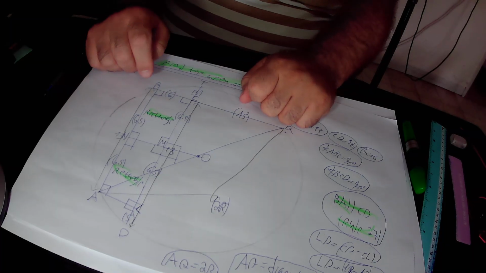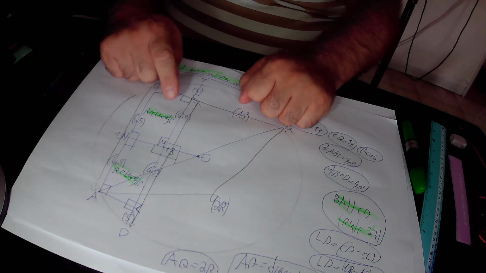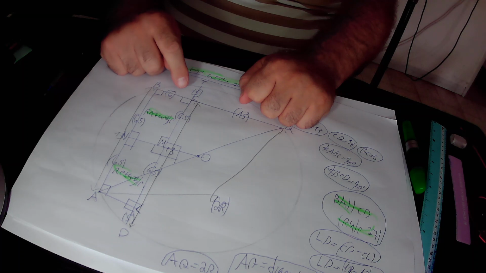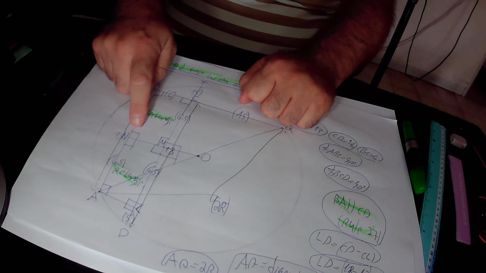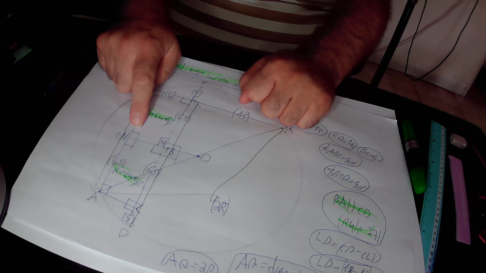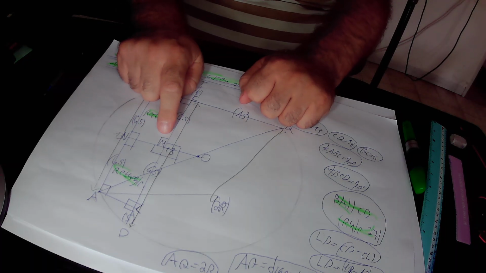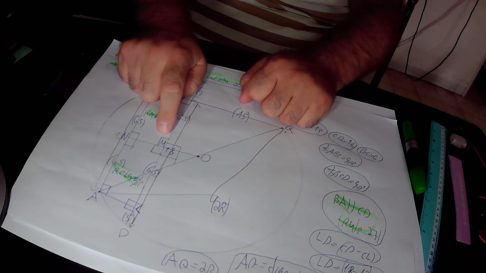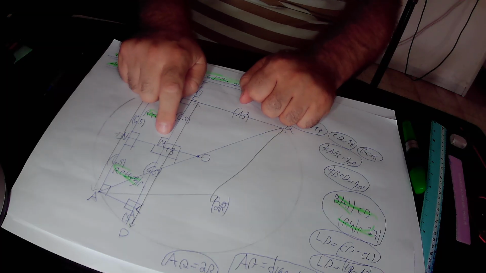So in the upper quadrilateral BCMN, we have 1, 2, 3 right angles. The sum of 3 right angles is 270 degrees, so 270 degrees plus the size of this fourth angle in total must be equal to 360 degrees, according to the rule that the sum of the angles in any quadrilateral is 360 degrees. And therefore this fourth angle must be equal to 90 degrees.